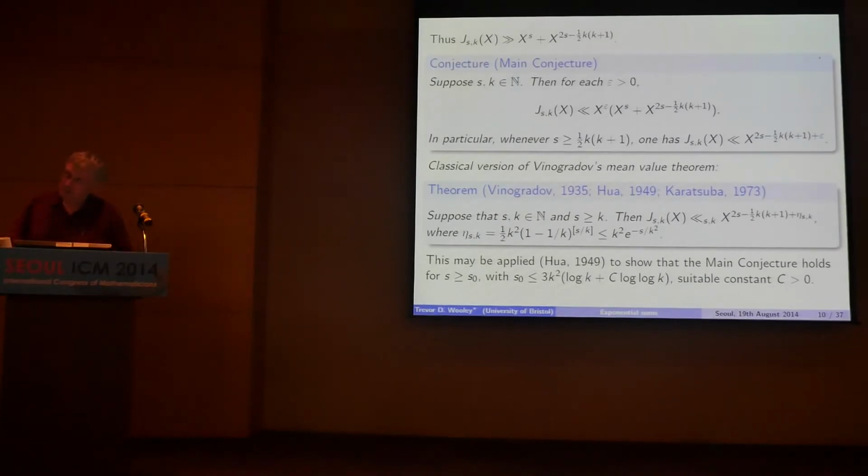So the classical situation is that you can prove this main conjecture when the number of variables, the moment, is growing like, well, actually this moment is an even moment, you've got twice as many variables as 3k squared log k. So this sort of conforms to the first line of my message from this talk. This is a pretty good estimate.